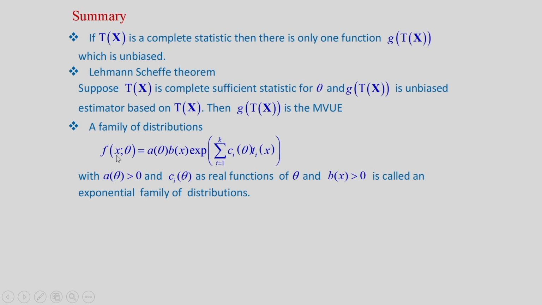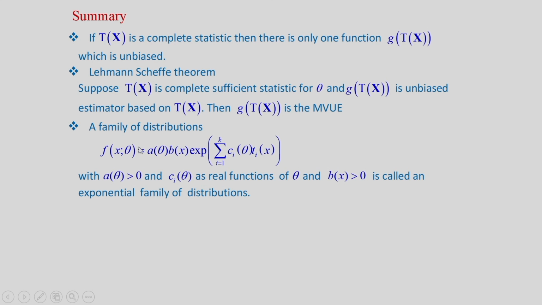Then we discussed the family of distribution which is known as the exponential family of distribution. It is given by f of x theta is equal to a theta into bx into exponential of the sum, that is i going from 1 to k of ci theta into ti x. This is the exponential family of distribution with a theta greater than 0, ci theta a real function, and bx also greater than 0 because this is a probability, therefore this must be greater than 0.